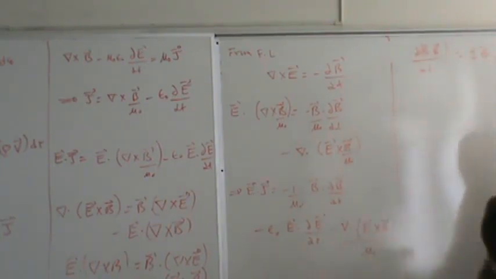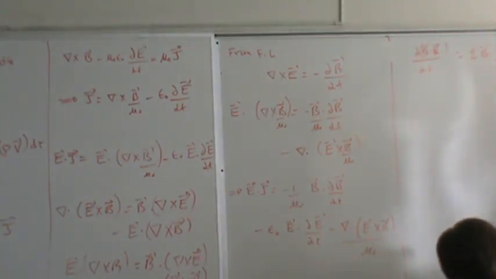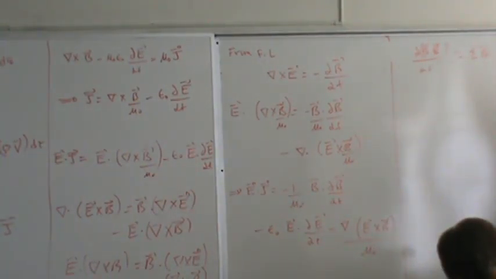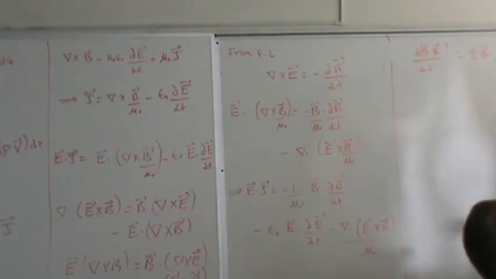That's going to be just half of d by dt of B dot B, if you apply the product rule. So this would be B dot dB by dt, half of d by dt of B dot B, that's going to be B squared, right? Are you following me?